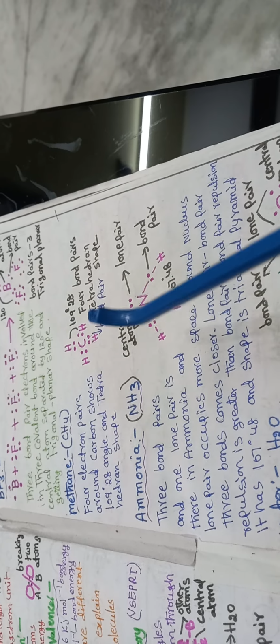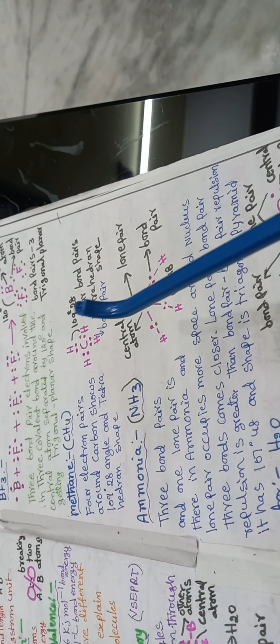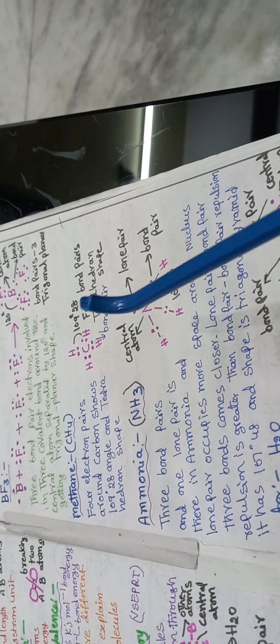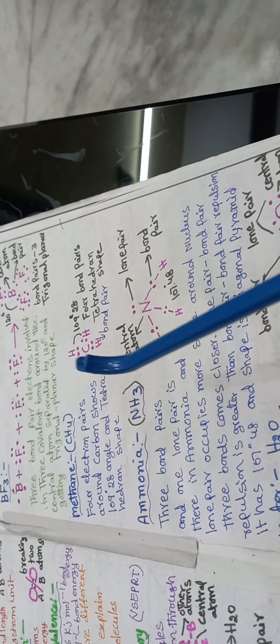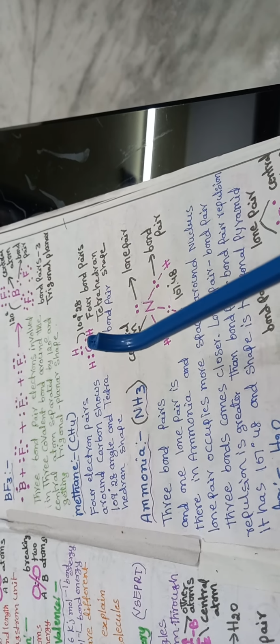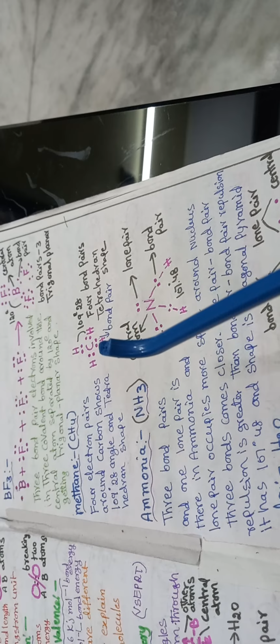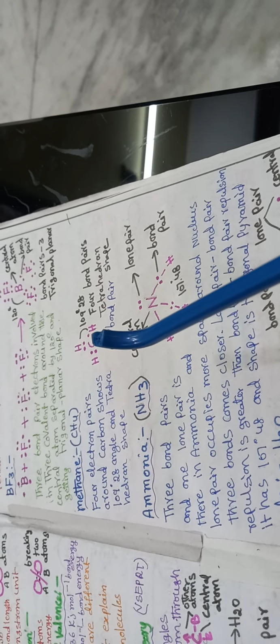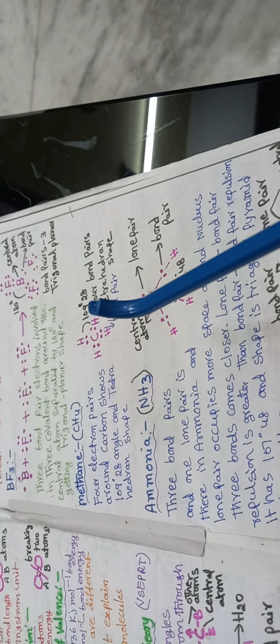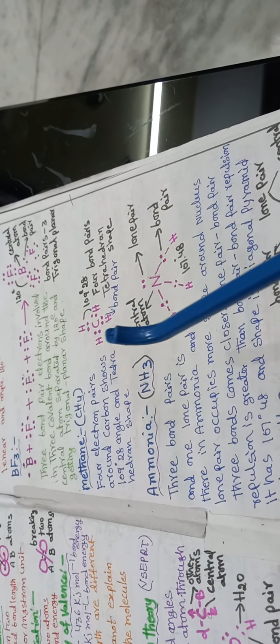So here we can see the methane: 1 carbon and 4 hydrogen atoms are there. They form covalent bonds, and when these 4 bond pairs repel, they form the angle 109 degrees 28 minutes and the shape is tetrahedron.